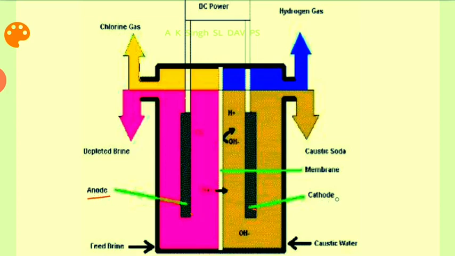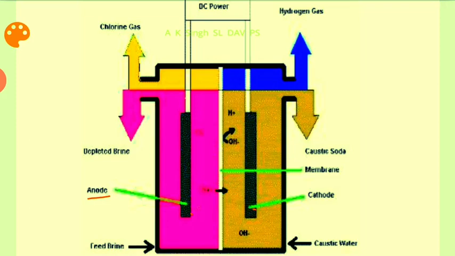Generally, platinum rods are used because platinum is the most inert metal. Both platinum rods are dipped in the aqueous solution of sodium chloride, that is called brine.